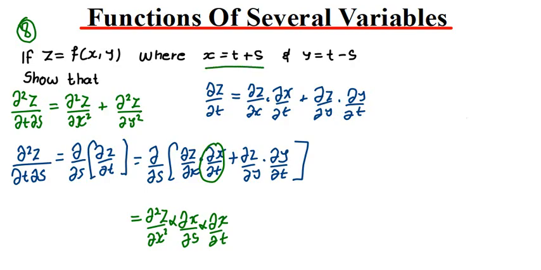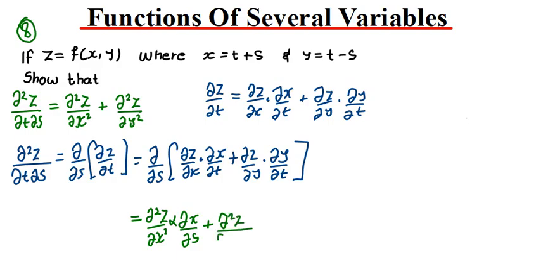Okay, it's a 1, because if you get the partial of x with respect to t, you're going to get a 1. So let me not actually bother to put it. Okay, so I can leave it. Then I'll say plus. Then here I'm going to have a second partial. This is a mixed partial.